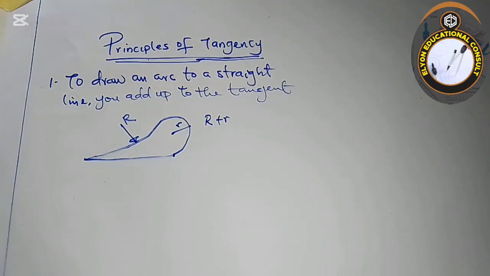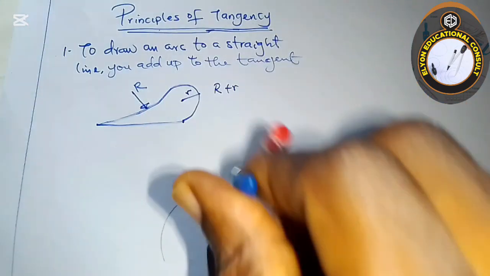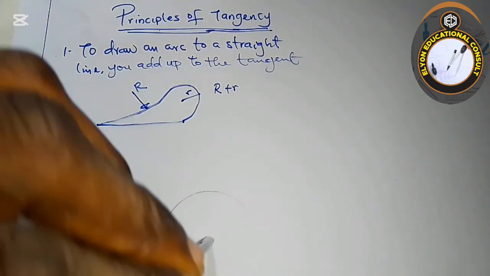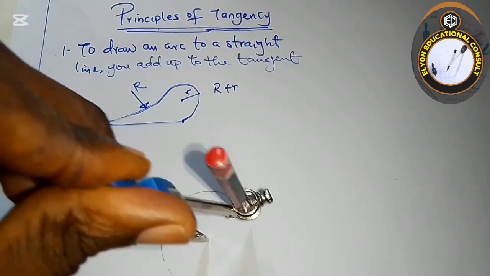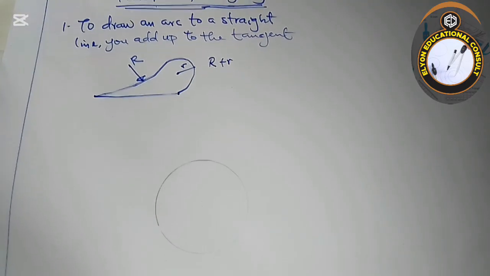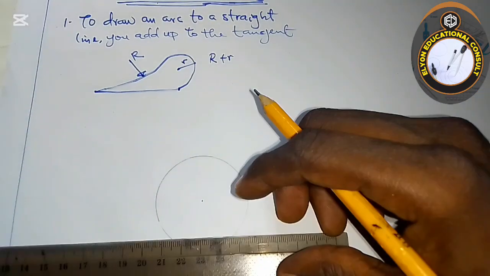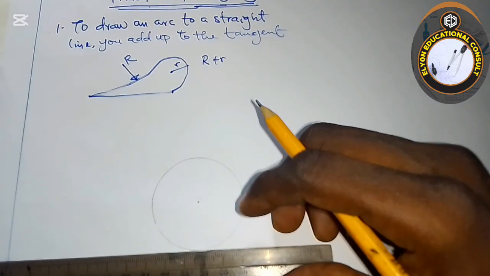Now let's look at a case here. We have a circle of radius 25, diameter 50. We have this circle this way, with this center, and having this straight line at the base here.